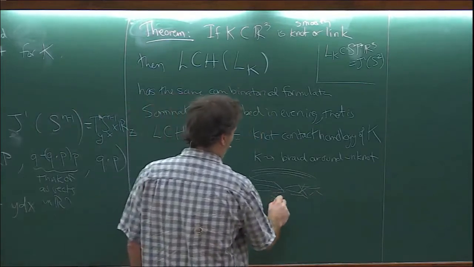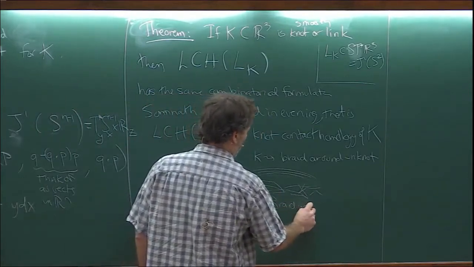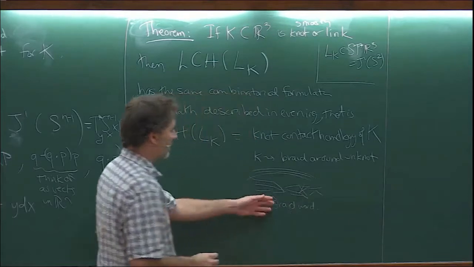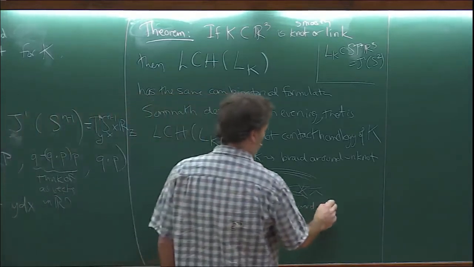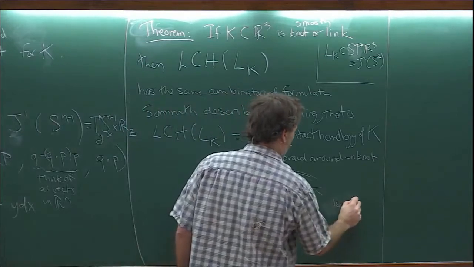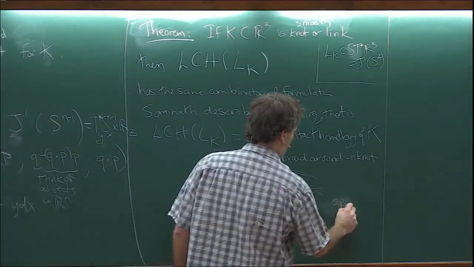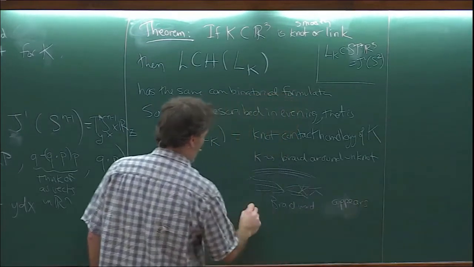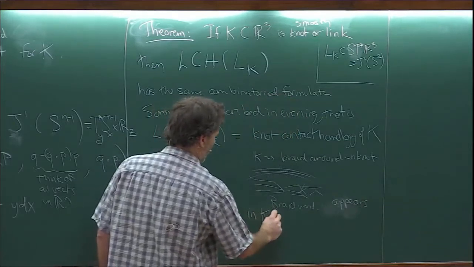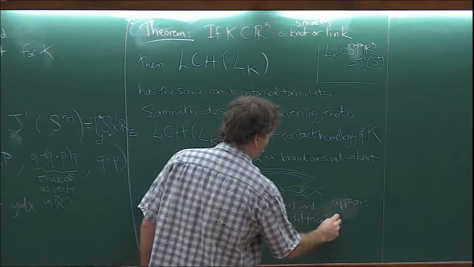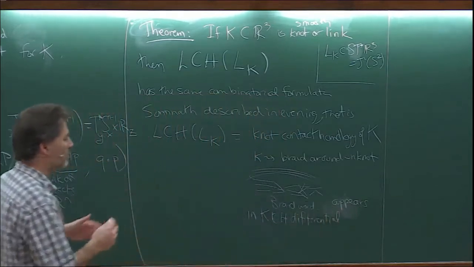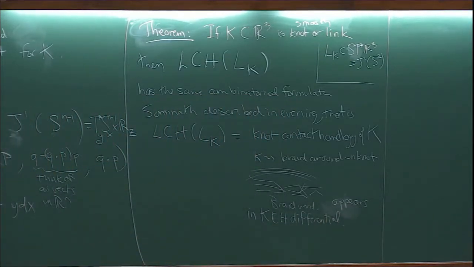And you take this braid word, and it becomes part of the differential that appears in the knot contact homology differential. So this was pretty complicated combinatorially, and it's something you can't really do by hand, but there are computer programs to extract invariants from it.